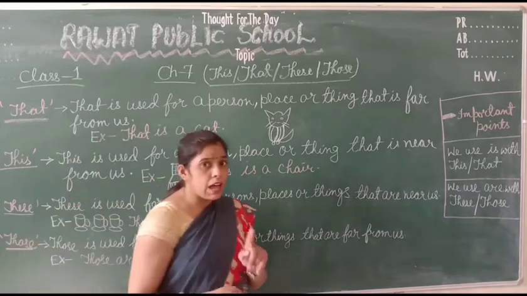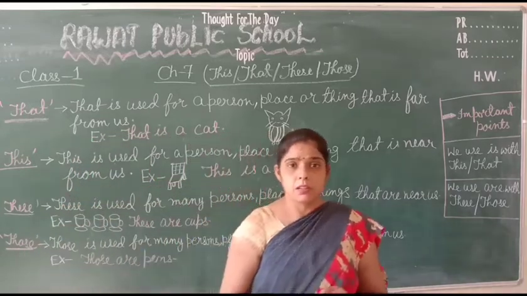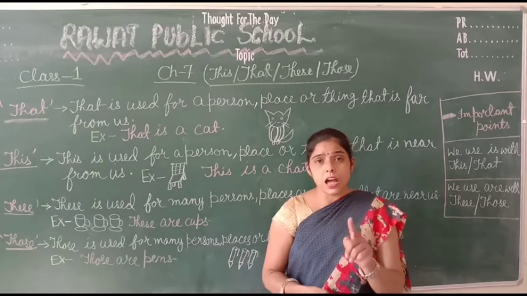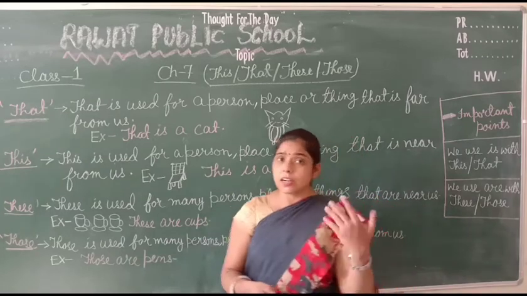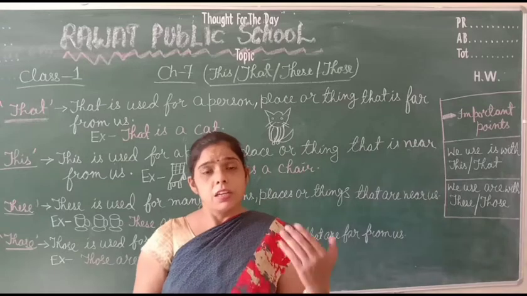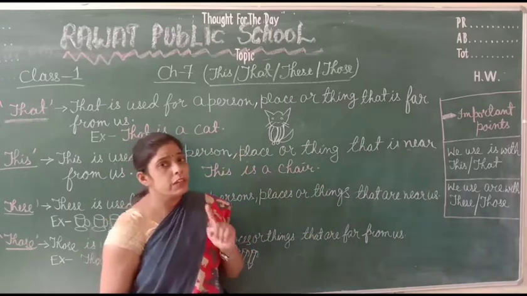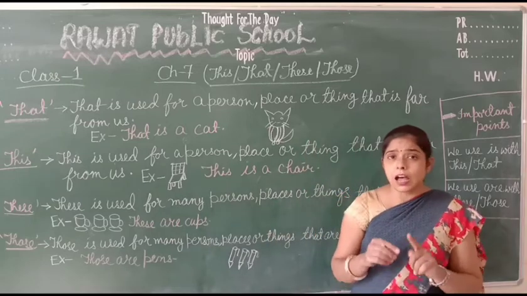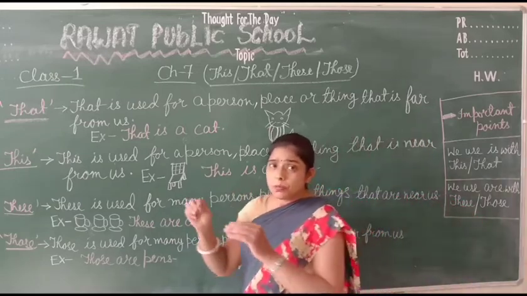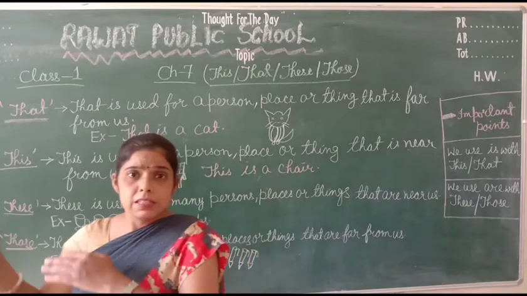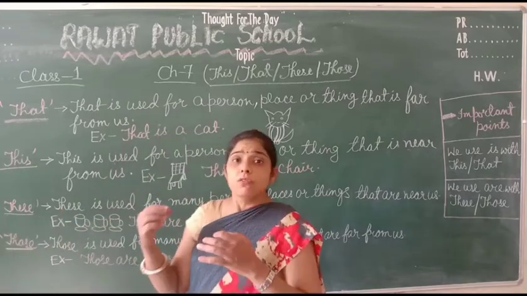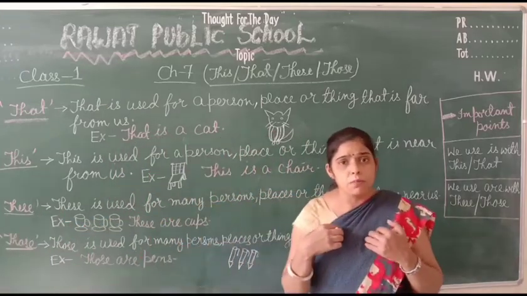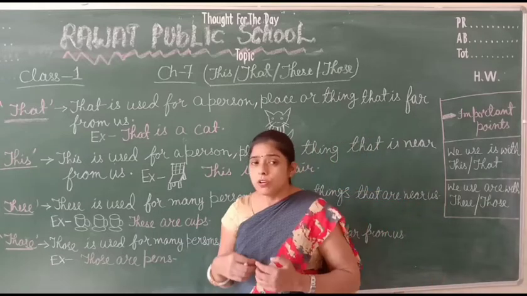And we use that for a singular person. In an earlier class we have already read about singular and plural. So we use that for a singular person, and for those person, place, animal or thing which is far from us.